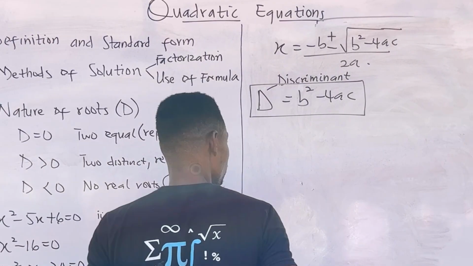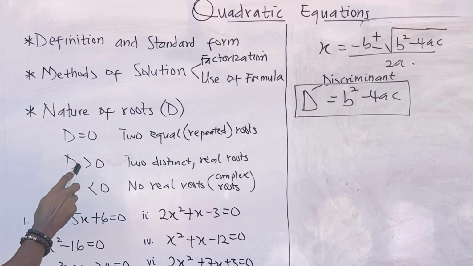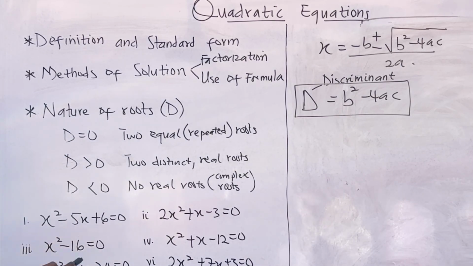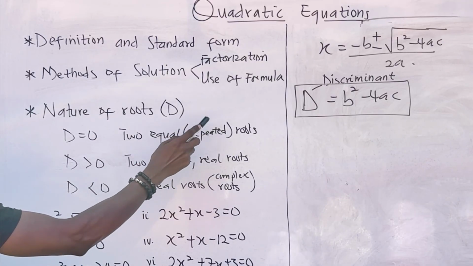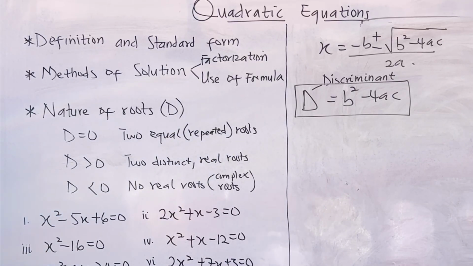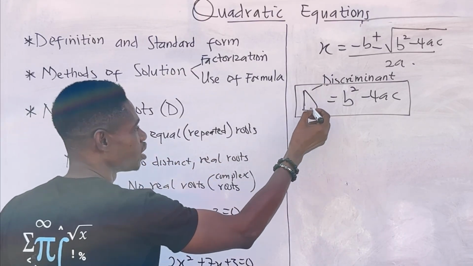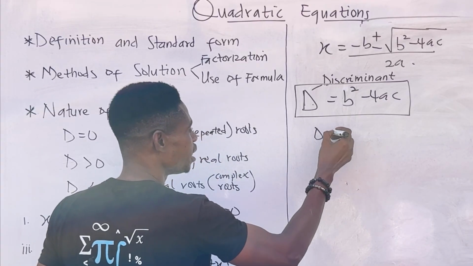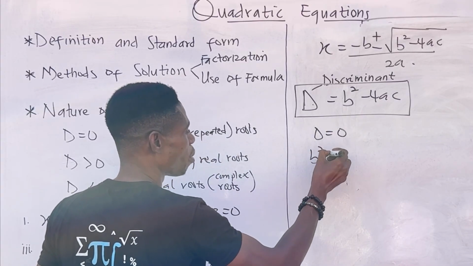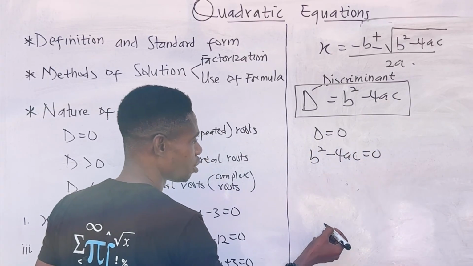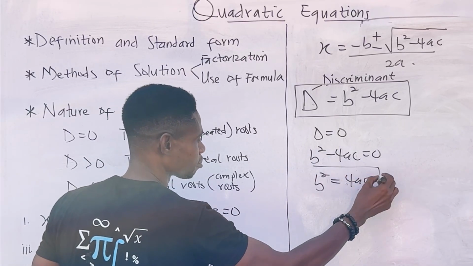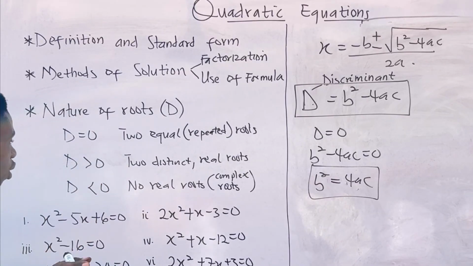Now, watch. The first condition is this. If d is equal to 0, you have two equal repeated roots. And what that means is that, well, our d is b squared minus 4ac. So if d is equal to 0, that means b squared minus 4ac is equal to 0, or b squared equals 4ac. So save this one somewhere in your memory.